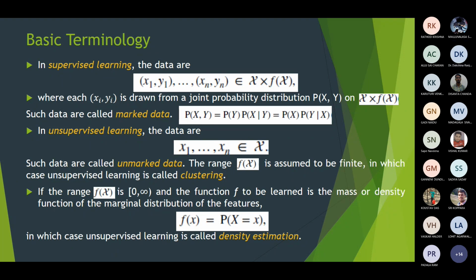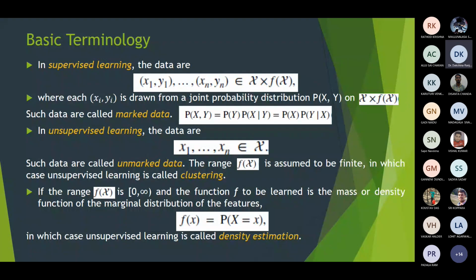Or we can draw the data from the marginal probability p of x, and we can draw the range y from the conditional probability p of y given x.